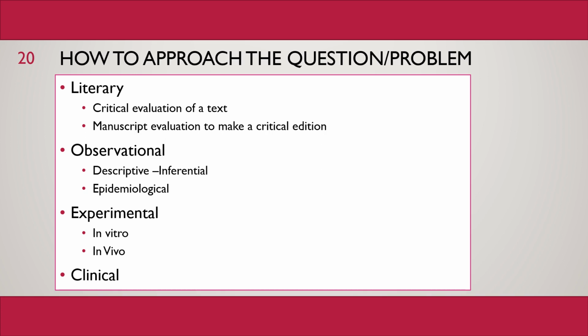If you want to do a literary research, you can do critical evaluation of a text pertaining to your research question. There is one more aspect of literary research, and that's manuscript evaluation to make a critical edition of a text.